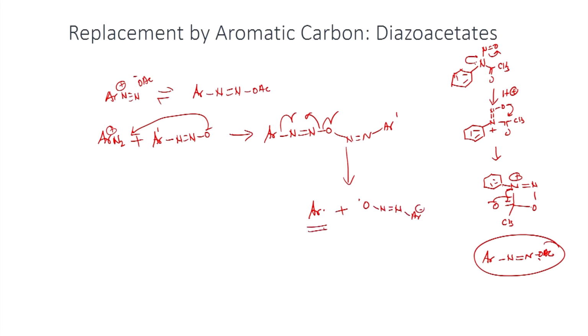So once we have the aryl radical, as we have just seen, if we have benzene, for example, it can undergo reaction.